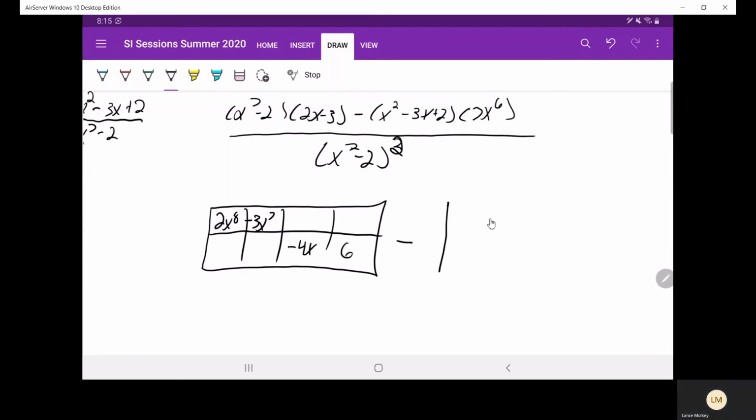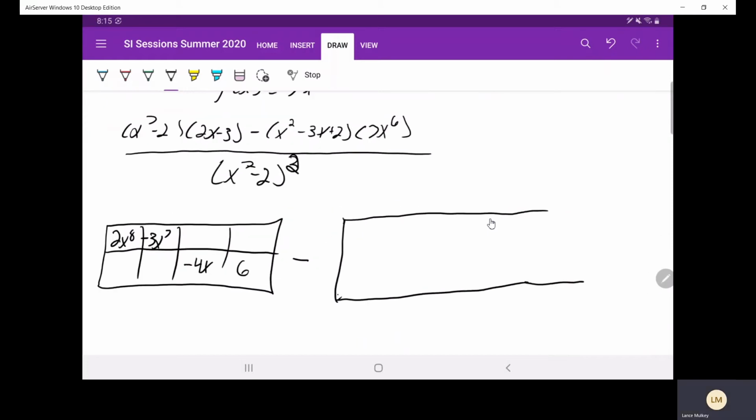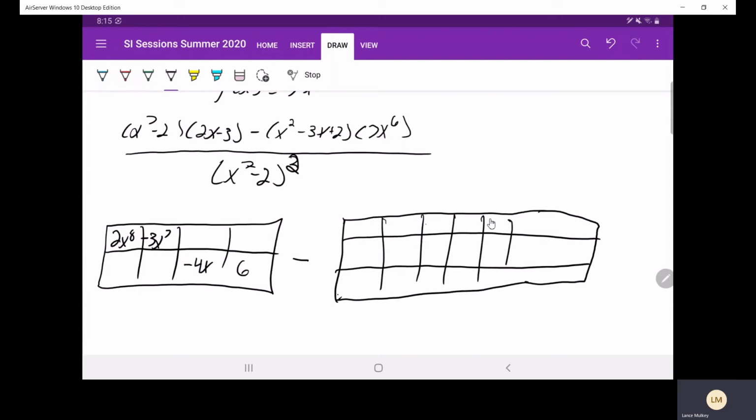Minus, that's going to be a big number. Now x squared times 7x to the 6th is 7x to the 8th, and minus 3x times 7x to the 6th is minus 21x to the 7th, and that's 14x to the 6th.